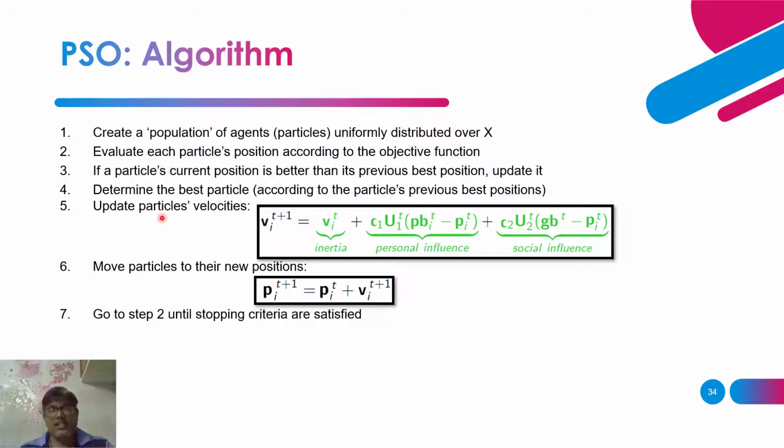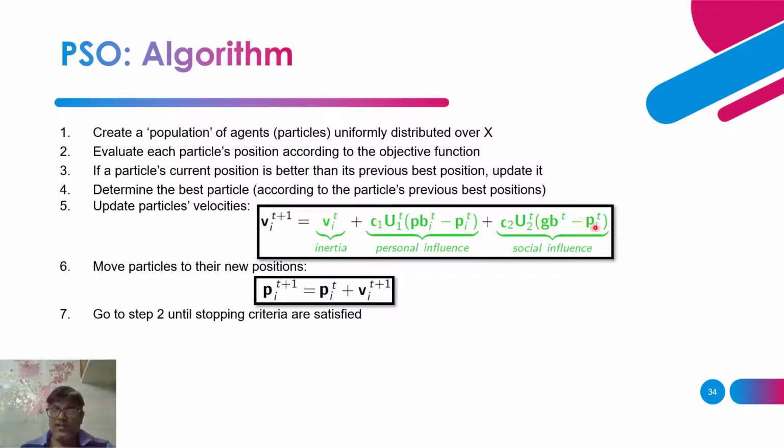That is, your new velocity is equal to the old velocity, that is inertia, plus personal influence, plus social influence. Inertia is vi(t), and personal influence is c1 times u1 times (pb, the best neighbor position, minus the current position), plus c2 times u2, that is the social influence parameters, times (gb, the global best position, minus pi(t), the current position).